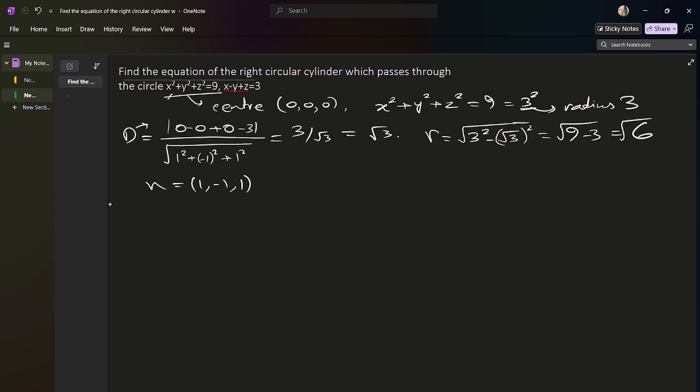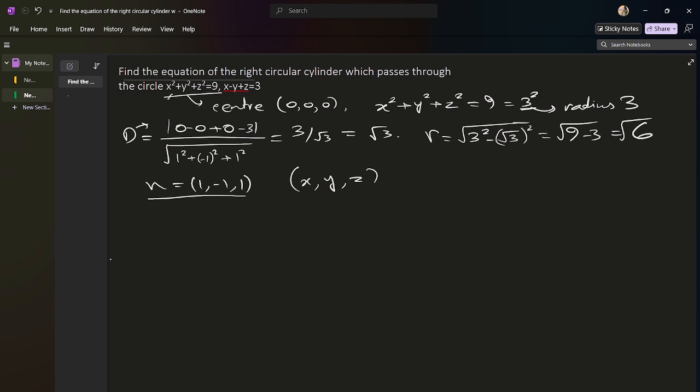Now we have to write the equation of the cylinder. A right circular cylinder whose axis is in the direction of the normal vector n can be described by requiring that the distance from any point x, y, z on the cylinder to the line defined by the axis is constant and equal to the radius of the circle, root 6.